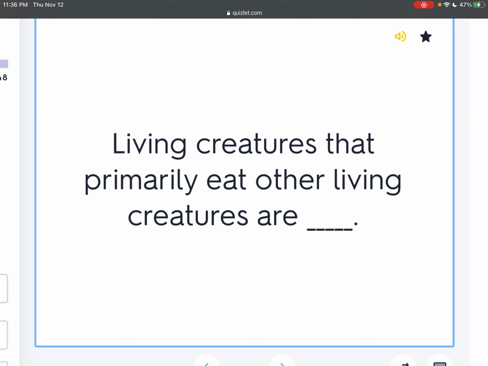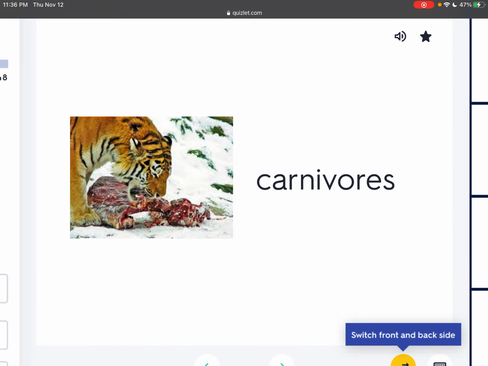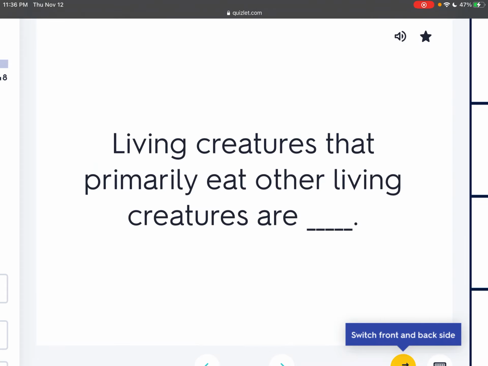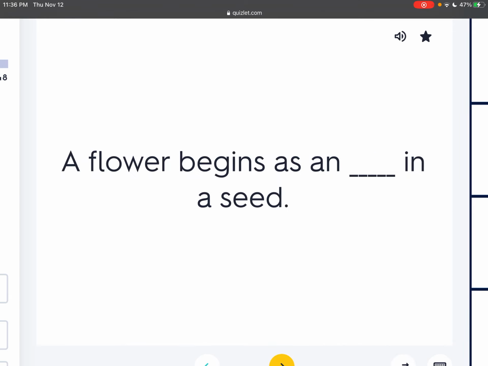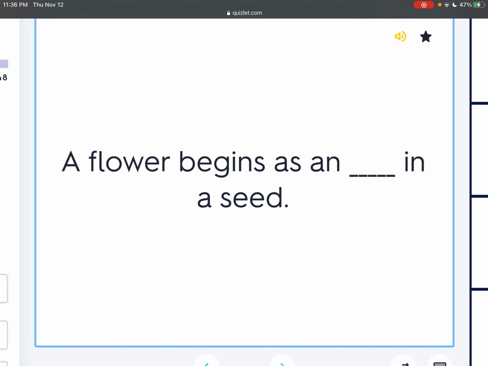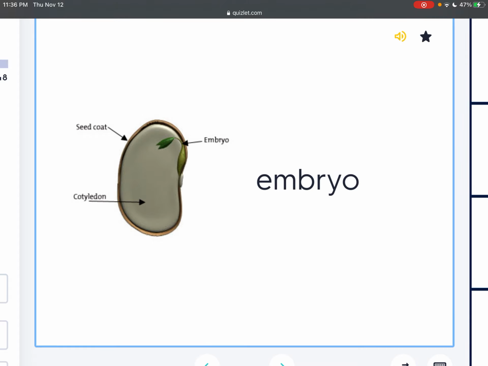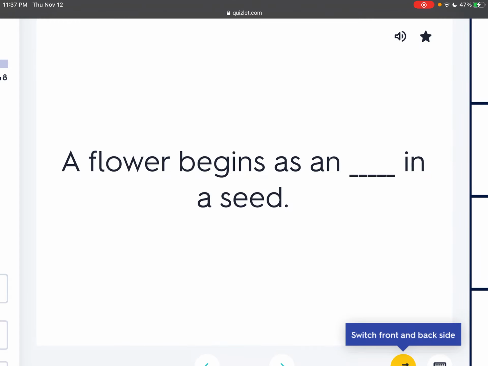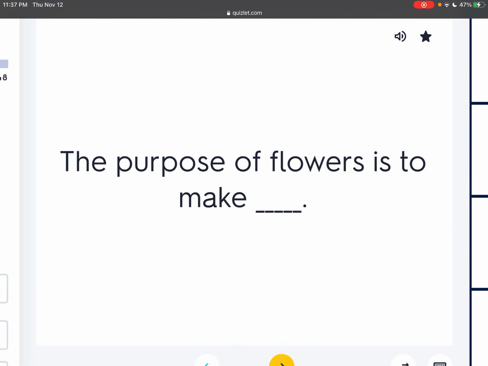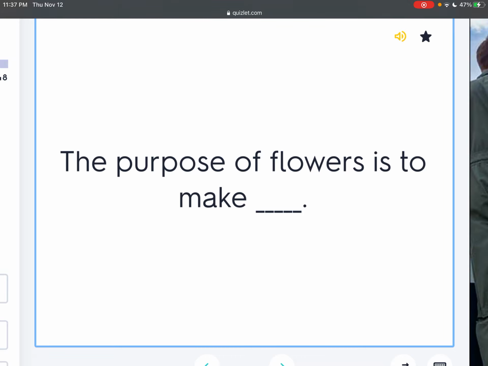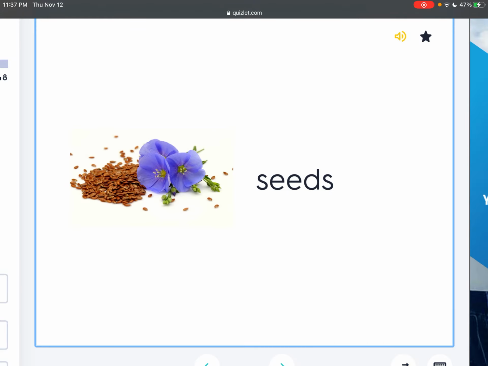Living creatures that primarily eat other living creatures are blank. Carnivores. A flower begins as a blank and is seen. Embryo. The purpose of flowers is to make blank. Seeds.